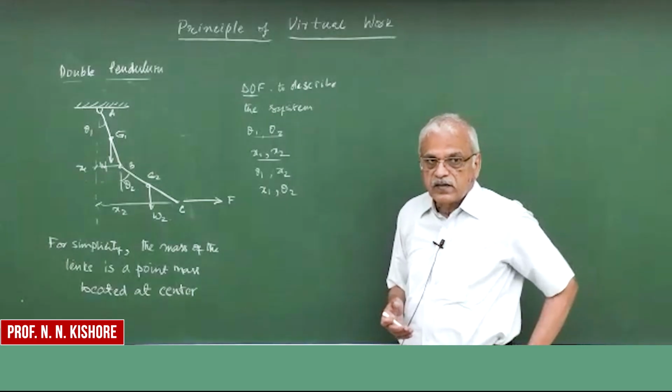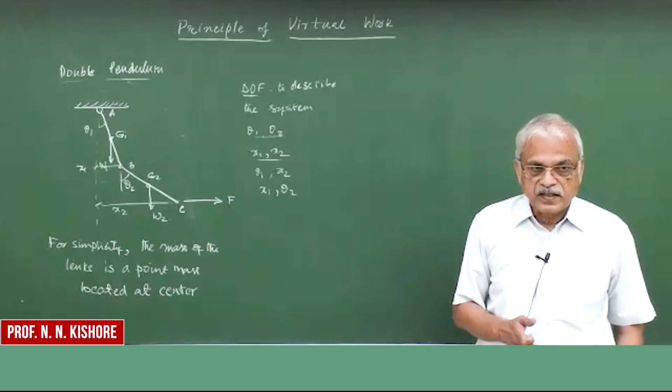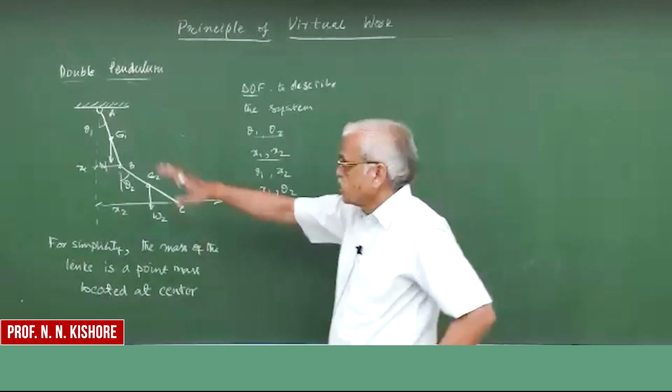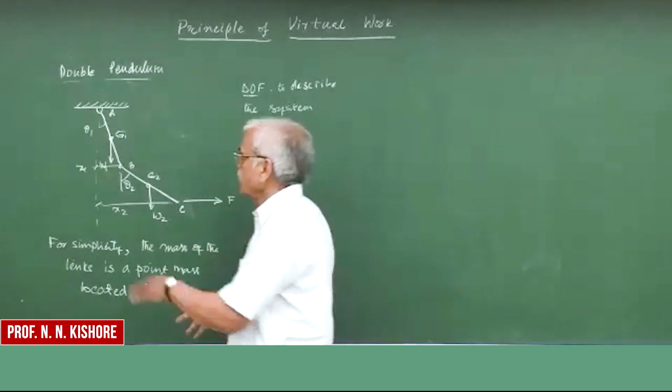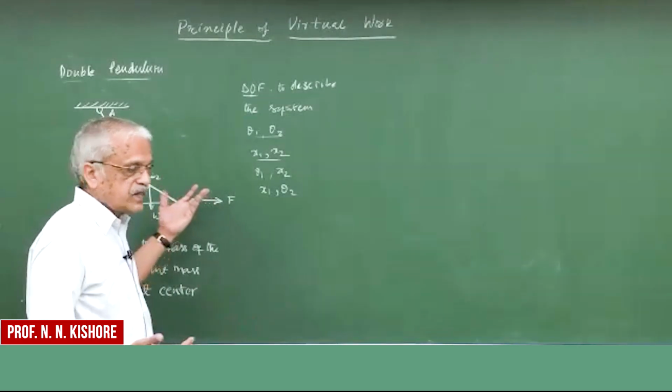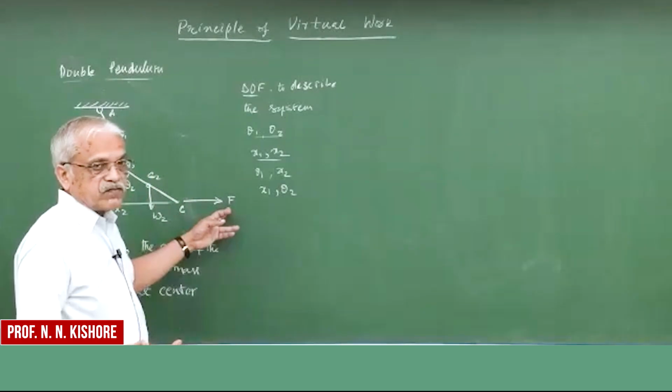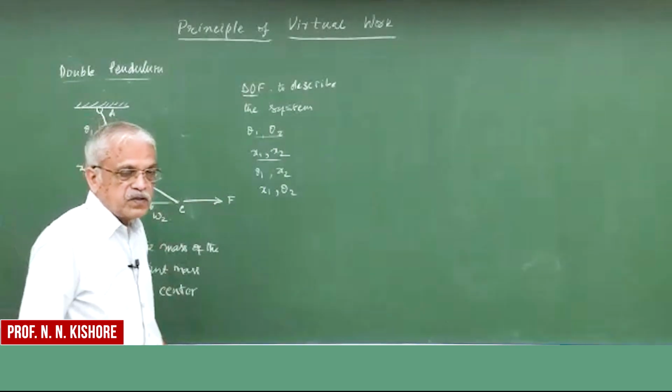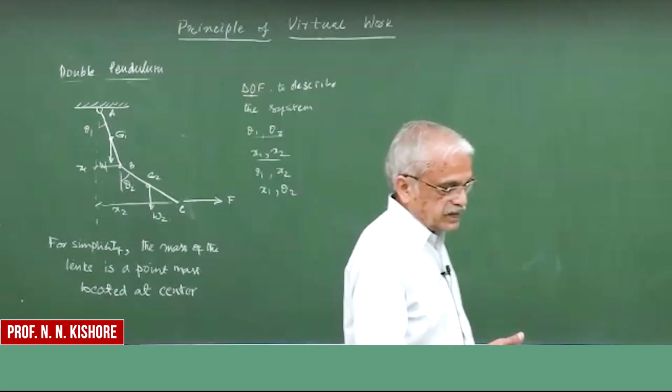So as far as our principle is concerned, when this system is under equilibrium, let's assume that say maybe theta 1 is 30 degrees, theta 2 is 40 degrees, and a certain force is given with W1, W2. So that is the equilibrium position.